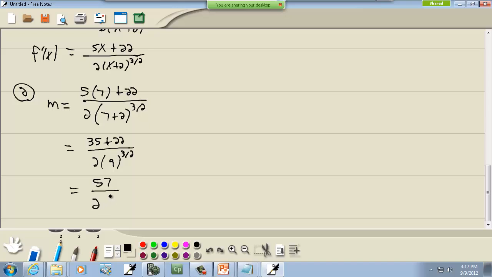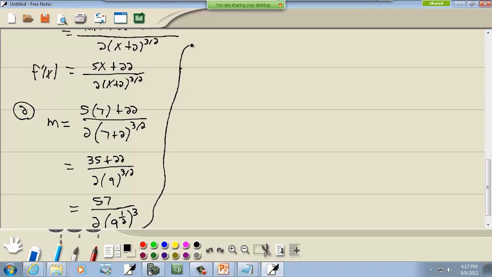On the bottom here, I can split this up. I can take the numerator, the 3, and put it on the outside of the parentheses. So we got 9 to the 1/2 there. Okay, so we got 57 over 2, and then 9 to the 1/2 is the square root of 9.